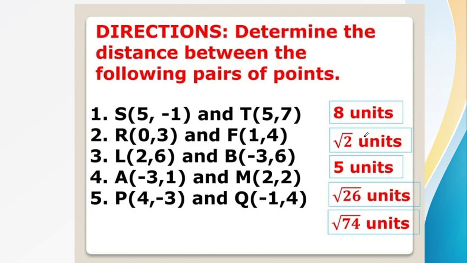So, kamo na lang ang mag-identify kung iunsa ni siya pagkuha. Kay naa man tayo formula, you just have to apply this. Sa number 3, that's 5. Sa number 4, that's square root of 26. And sa number 5, that's square root of 74. Same formula ang ato gamiton.